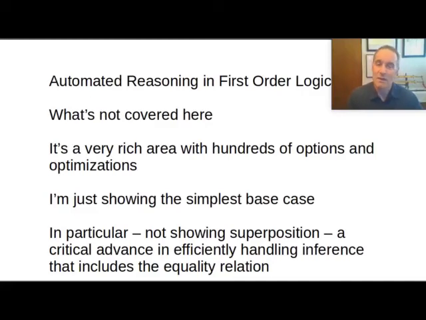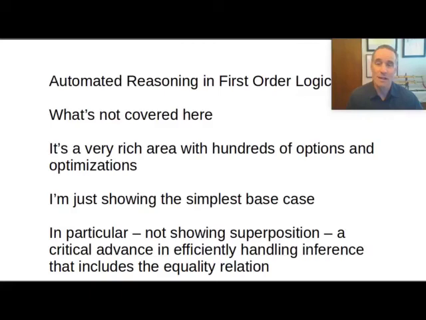Here, I'm just going to try to explain in a way suitable for helping programmers and people new to this discipline what is the simplest base case. I'm trying to demystify it. How can we show what this sort of area is capable of? Because it often is presented in a highly mathematical and difficult to understand form. So I'm just going to show the simplest base case of automated reasoning using proof by refutation, which is sort of the standard algorithm.